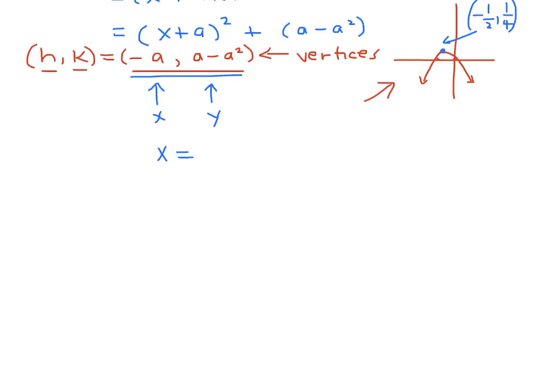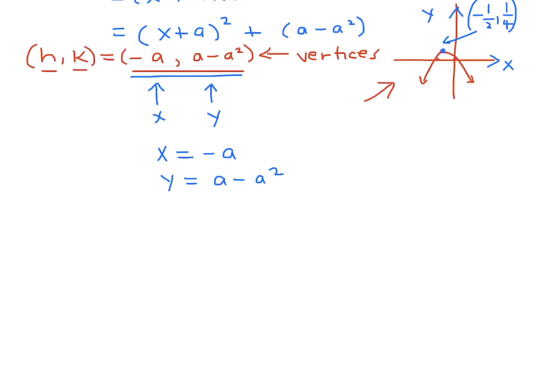Correct? So in order to get an equation, we've got to get rid of these a's. We've got to just deal with x's and y's. Because remember, this is x and this is y.